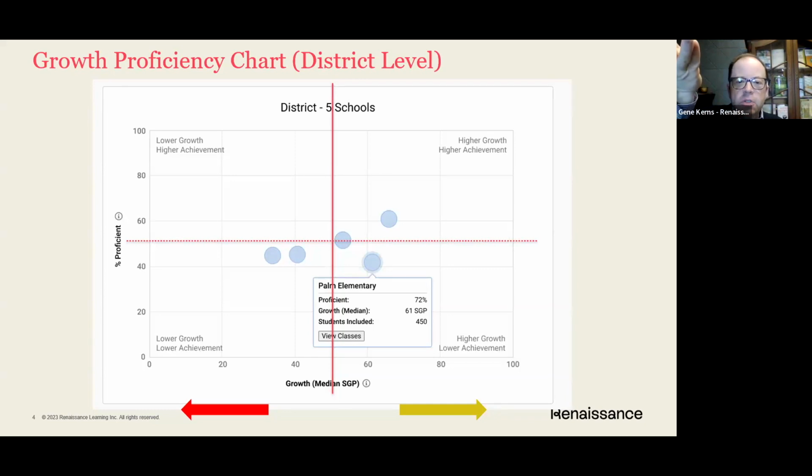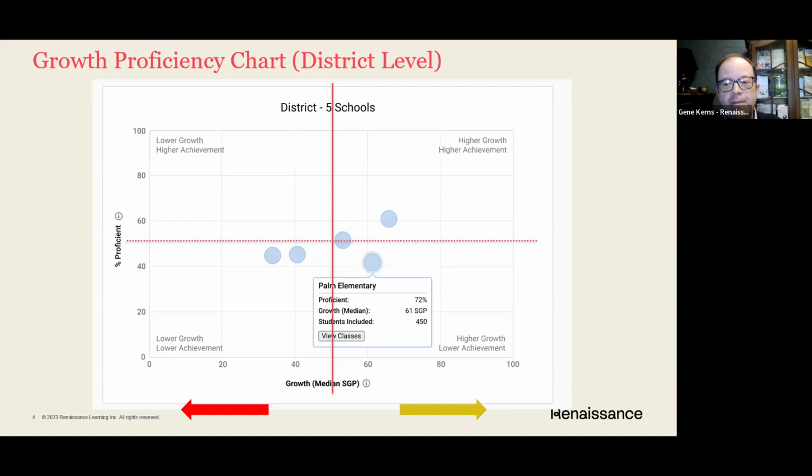The higher those dots rise, the higher the percentage of kids who are proficient in that building. The lower the dots are on that axis, the lower the percentage of students that are proficient in that particular school.